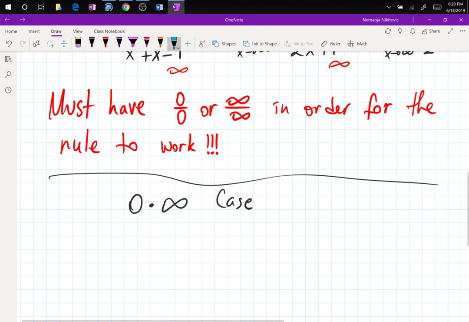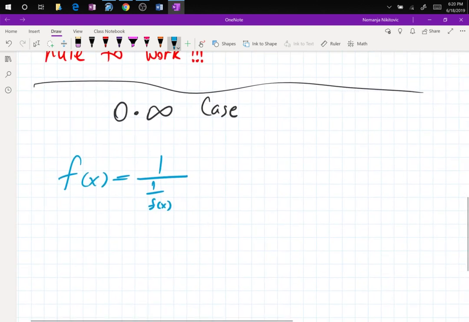And what is the witchcraft I'm talking about? It is an algebraic formula which states that f of x is equal to 1 over 1 over f of x. It's just algebraic manipulation. This one trick is going to change your problem into an L'Hopital problem.